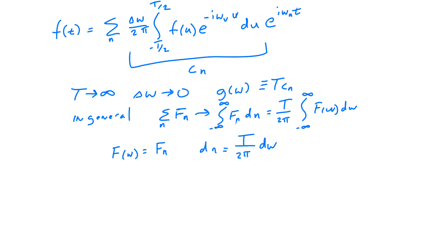So therefore, we can say that f of t, using this same limit, can actually become 1 over 2 pi times the integral from minus infinity to infinity of d omega.